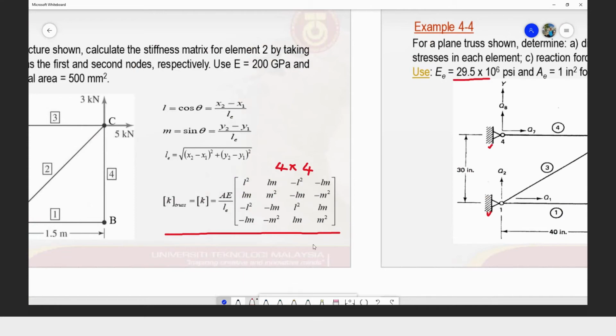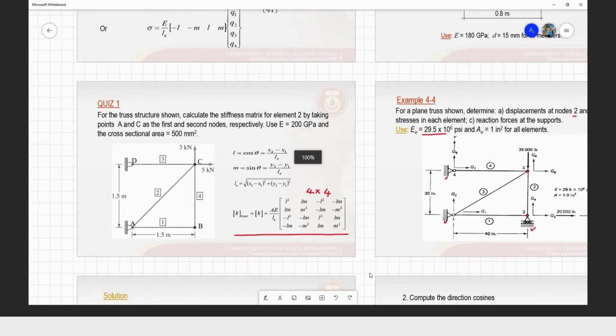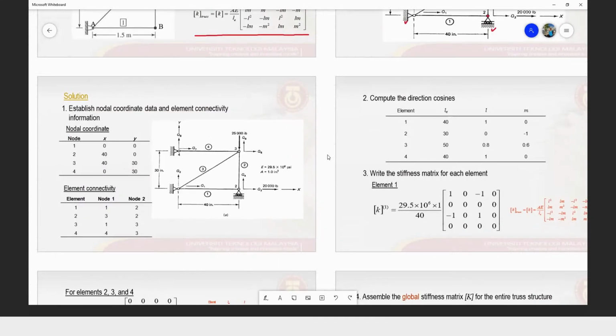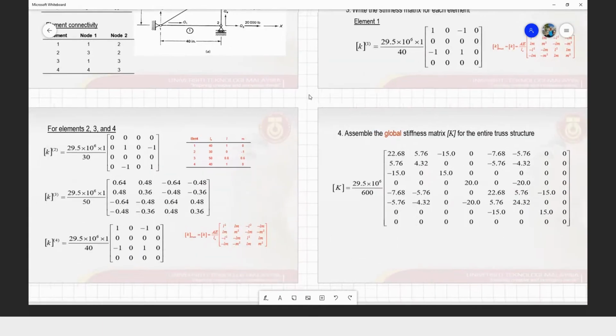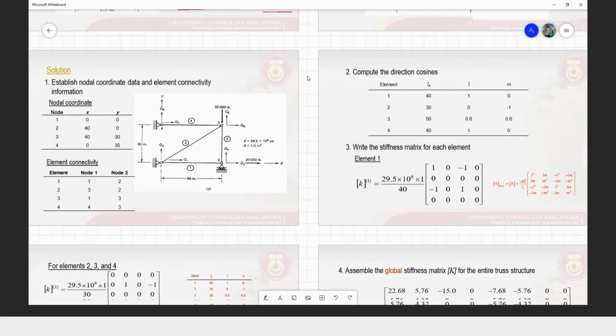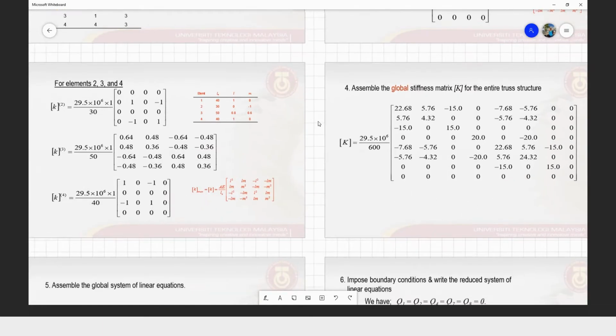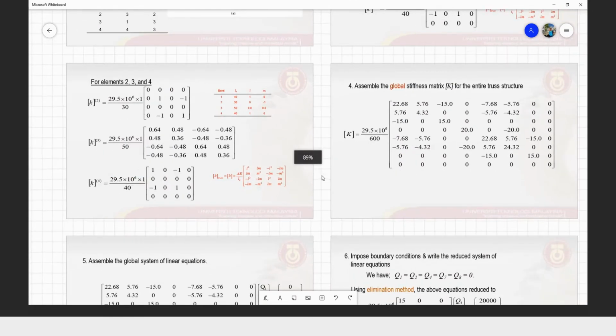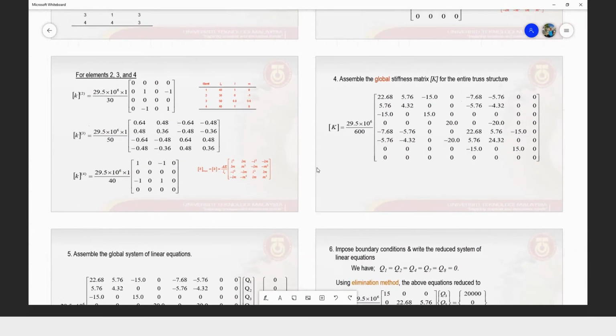But in this lecture note, the solution provided shows the step-by-step solutions to the problem that we would like to determine.